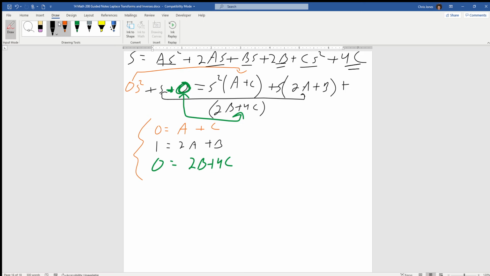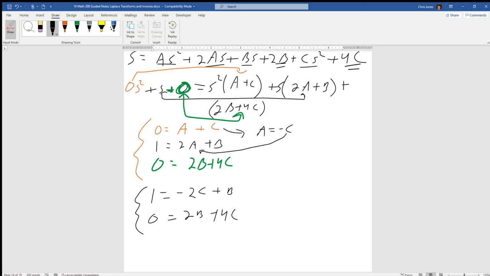First of all, A equals negative C, and we can substitute that right into the second equation. We get our system: 1 equals minus 2C plus B, and 0 equals 2B plus 4C.